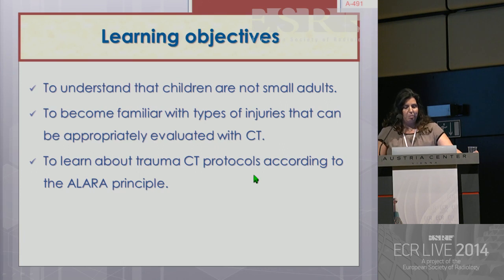In the next 18 minutes, we will try to understand that the pathophysiology of pediatric trauma and the way to address it is different in children, become familiar with types of injuries that can be appropriately evaluated with CT, and discuss imaging CT protocols.